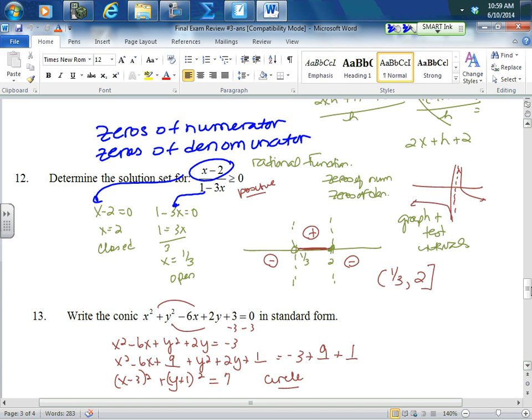Now, if this greater than or equal to has an equal sign here, the numerator is the one that gets closed. The denominator will never be closed because the denominator cannot equal 0. So I found this root, and that's my denominator, so therefore it's open at the 1/3. I found this root, it's my numerator, it's closed.